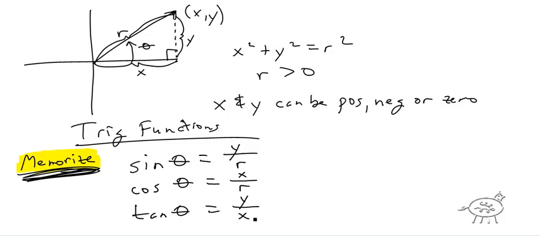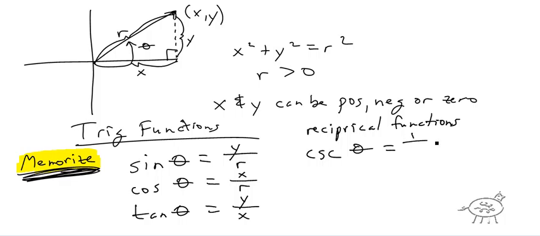Okay? The next functions here are our reciprocal functions. And basically you have, it's called cosecant of theta is equal to the reciprocal, so it's equal to 1 over sine of theta. So it's just going to be r over y.